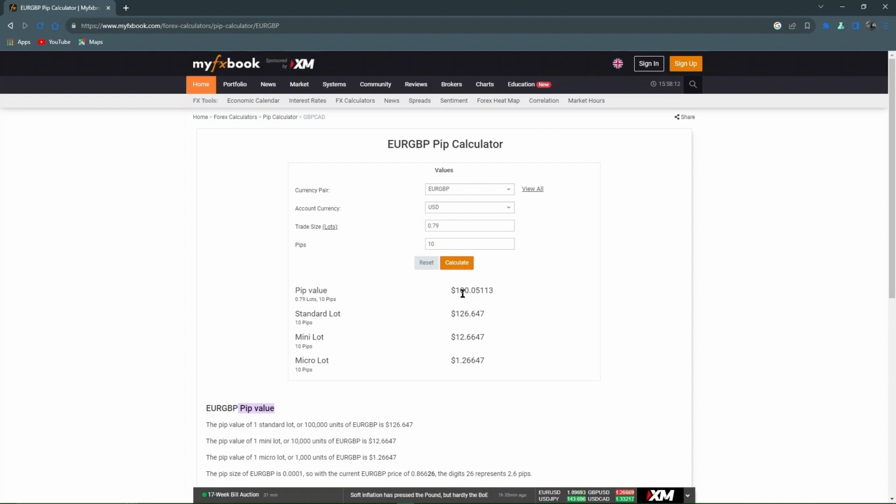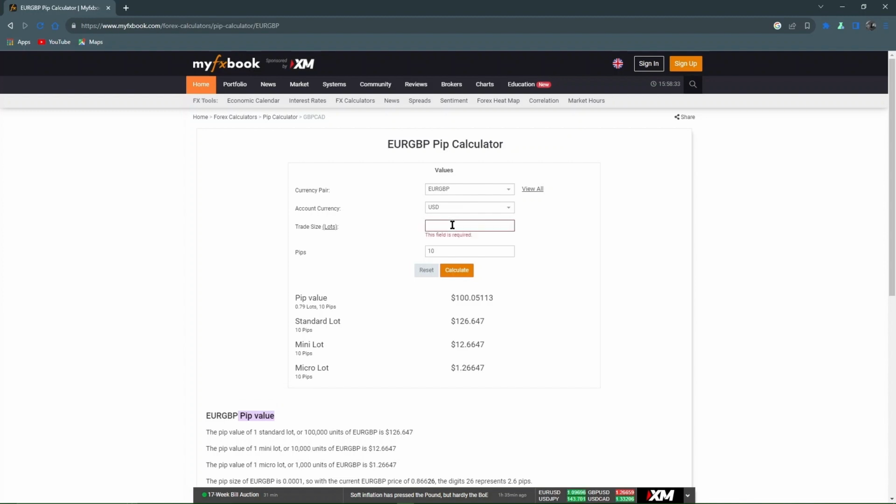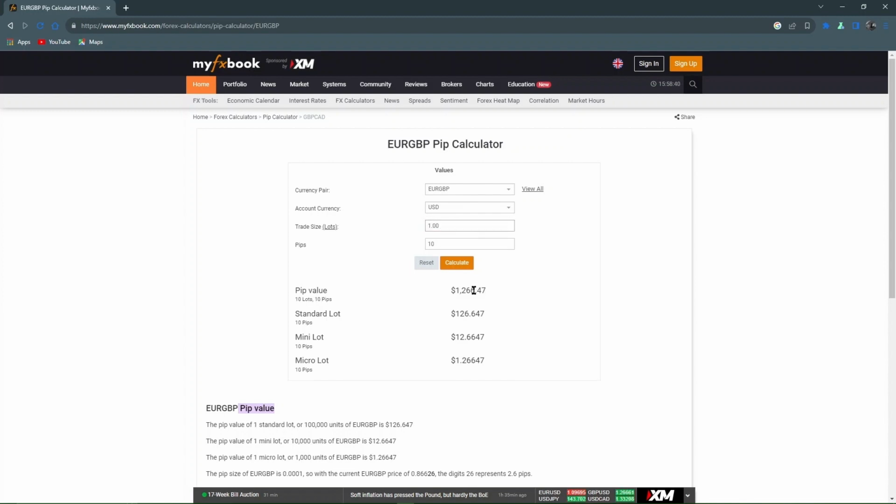Look at this, it is giving $100. So this is the lot size to be used on Euro GBP, not a standard lot size. If you use a standard lot size, which is this 1.00, you're going to lose a big amount of money. So you have to make sure you calculate all these things well.